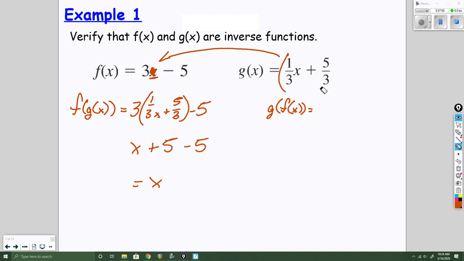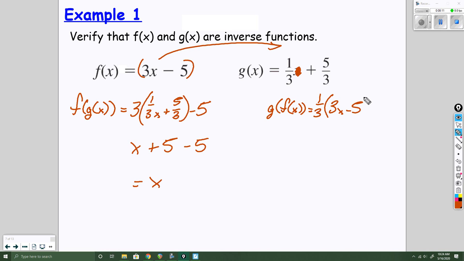I'm just going to erase this here. We're going to take function f, and now we're going to plug that into function g. So we're taking this whole thing right here and putting it in this equation. So we have 1/3 times the quantity 3x minus 5, plus 5/3. Now 1/3 times 3x would just be x. 1/3 times -5 would be -5/3.